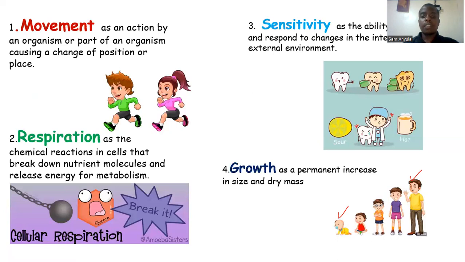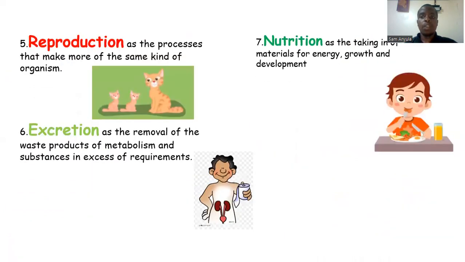The next characteristic of living organisms I want us to discuss, we have reproduction. Reproduction is the ability of living organisms to produce new organisms or young ones of the same kind.